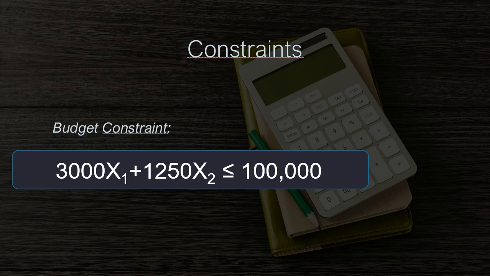The total cost of TV spots and newspaper ads should be less than or equal to our $100,000 budget, and we get this total cost by multiplying x1, which is the number of spots we will decide to pay for, by the cost of one spot, and we add the cost per one newspaper ad multiplied by the number of ads we will be contracting.